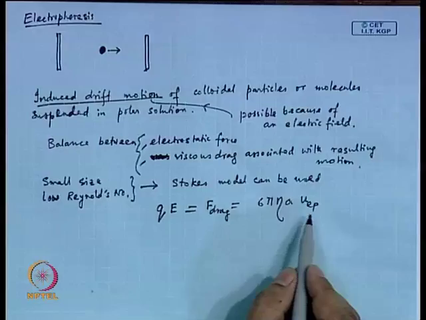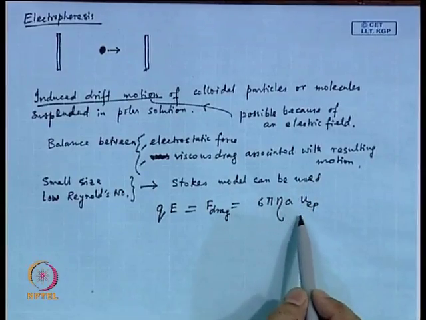We said that at steady state these forces are balanced, and it reaches a steady state velocity very quickly. So this is that steady state velocity u_ep.